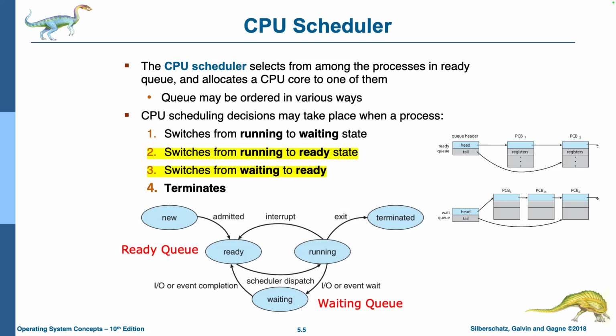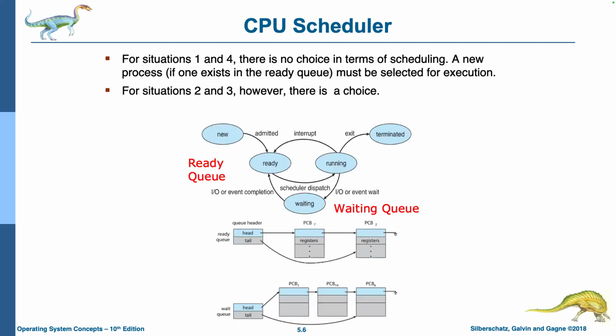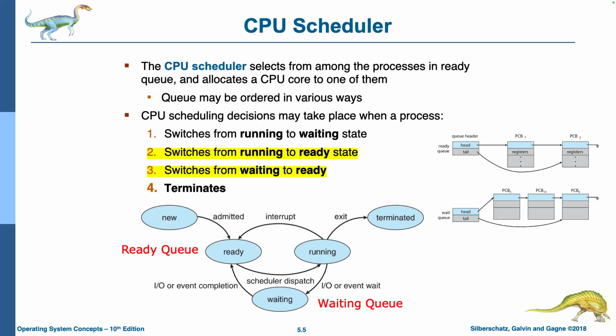So the scheduler can only act on 2 and 3: running to ready, and waiting to ready. The running process will take the first one from the ready queue to execute.